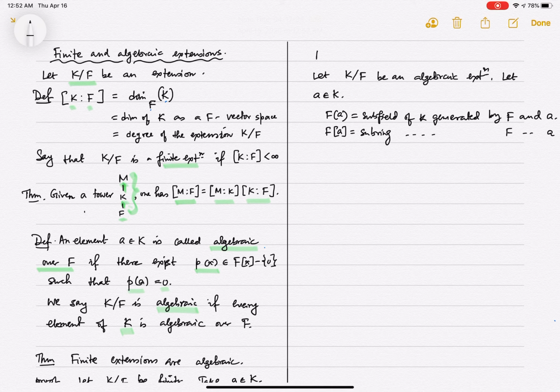It's not a very long train of thought, but every step is very important. So you have an algebraic extension, you have an element in the big field, and you want to understand the field that you get by adding this one element to F. Okay. So we'll look at it next time.